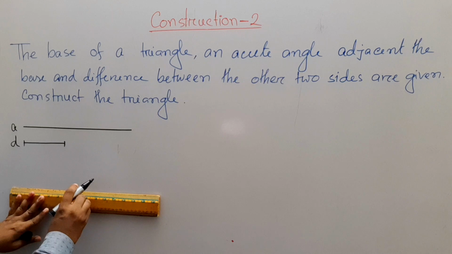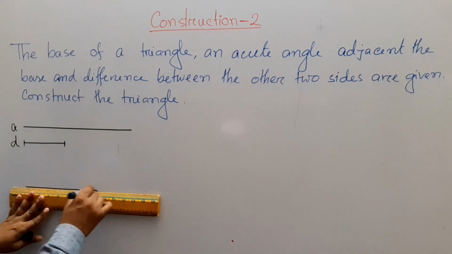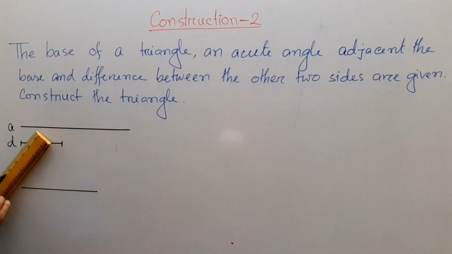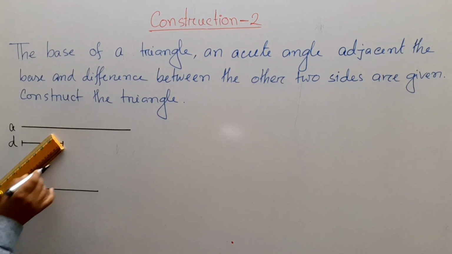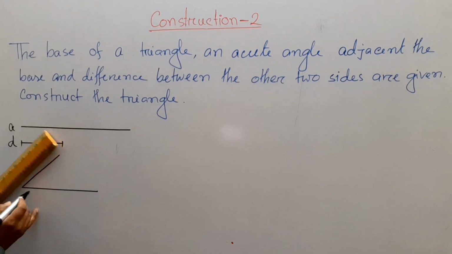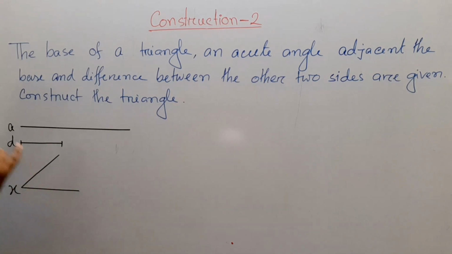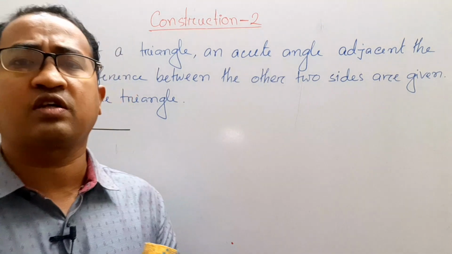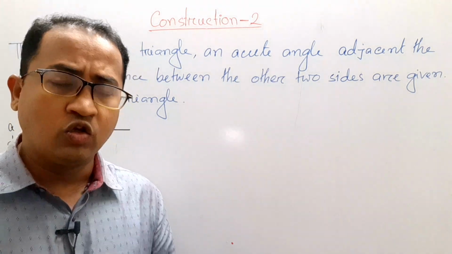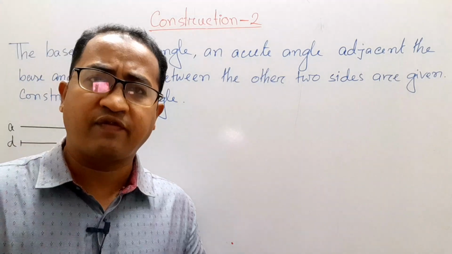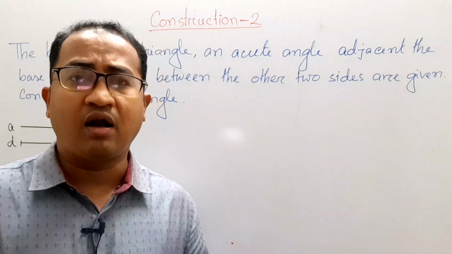We also take an acute angle, which we have taken as X. Now by using these three pieces of information, we will construct the required triangle. To draw any figure, at first we will start from a ray.